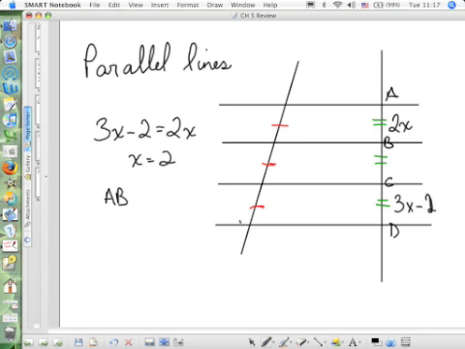Because if x has a value of 2, and the length of AB is 2 times x, that's 4. Now what's the length of AD? 12. This is 4 plus 4 plus 4. It's 12.